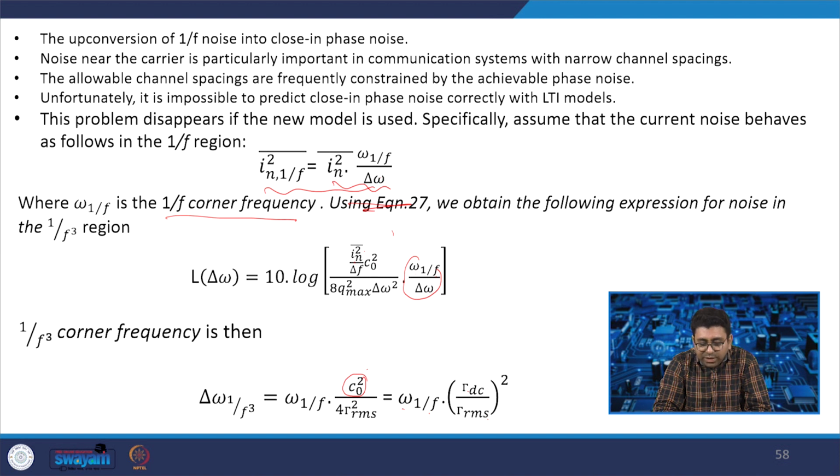So, what is the corner frequency? If this is the phase noise, that is the 1 by f cube corner frequency.